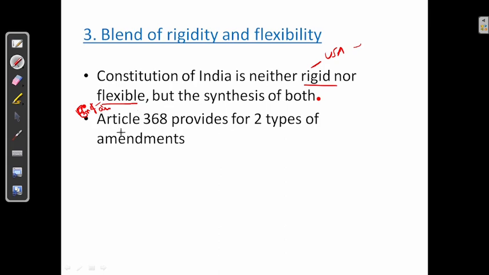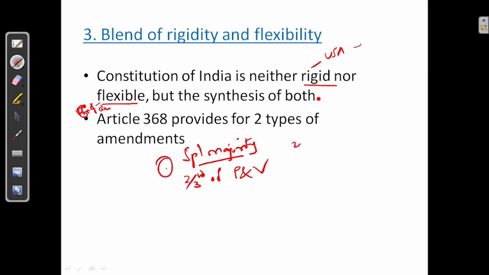Next, Article 368 provides two types of amendments. One is special majority, that is a majority of 2/3 of members present and voting.